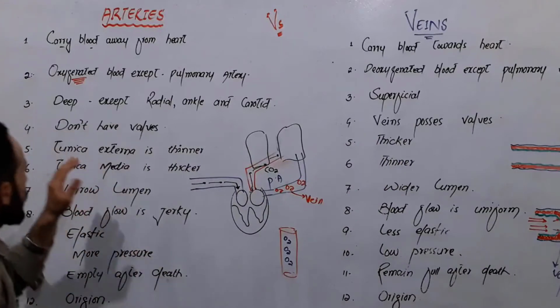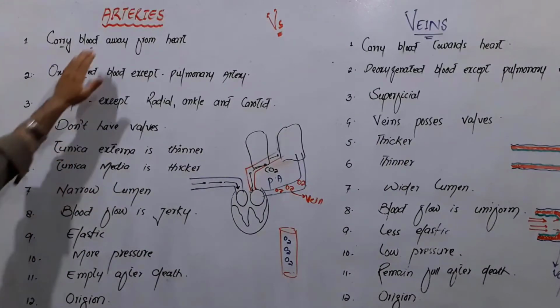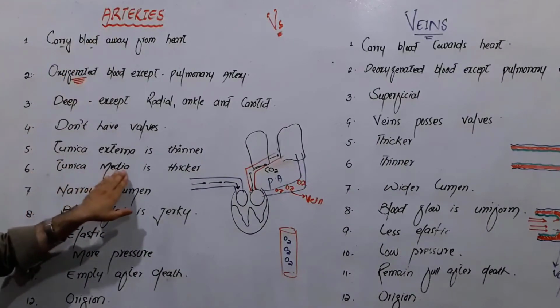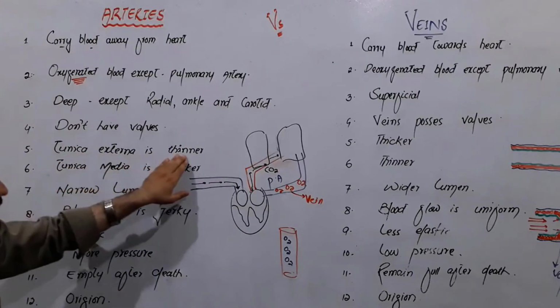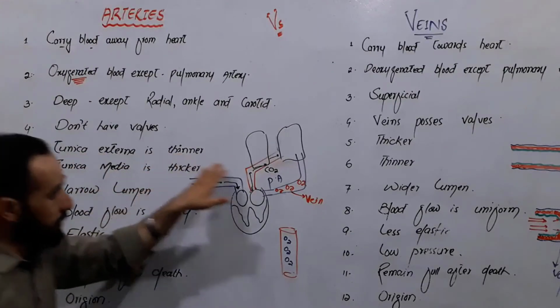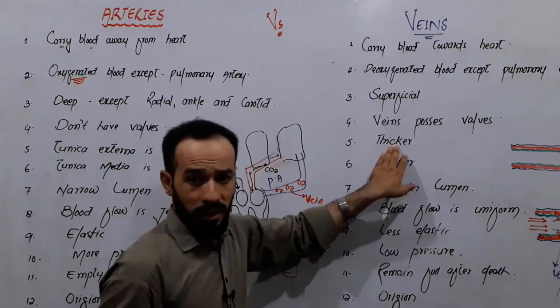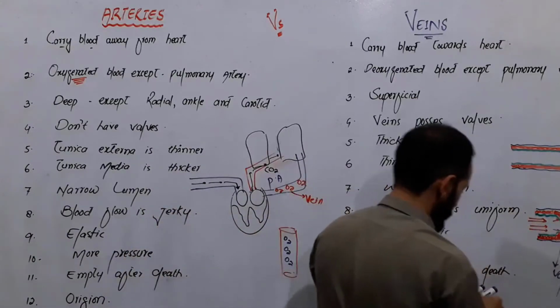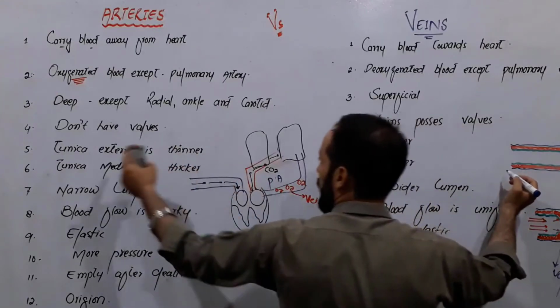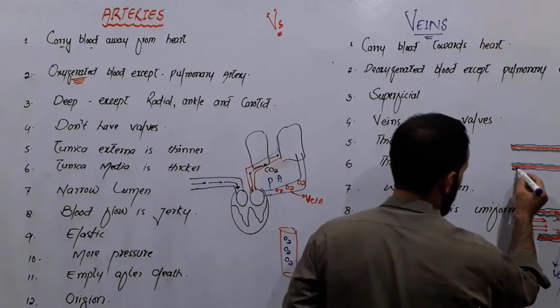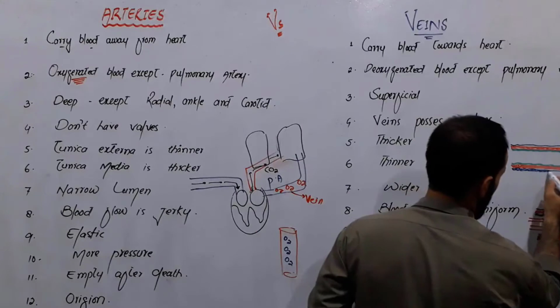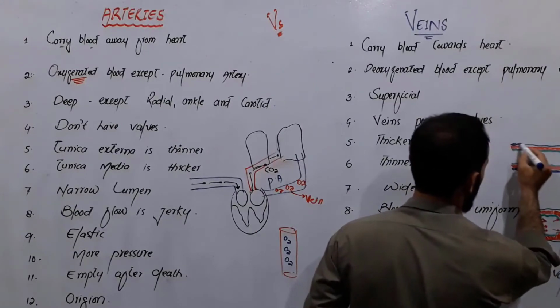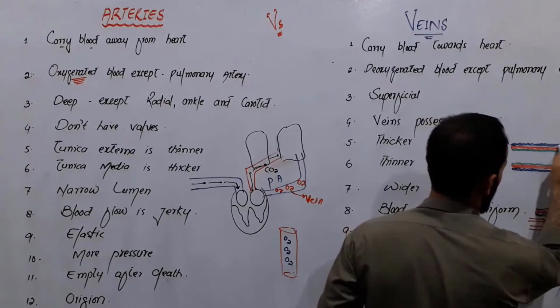Okay. The next difference is that in arteries, the tunica externa is thinner. But in veins, the tunica externa is thicker. Like in this example, I will explain this point. In arteries, tunica externa is thinner. This is the tunica externa of this artery.